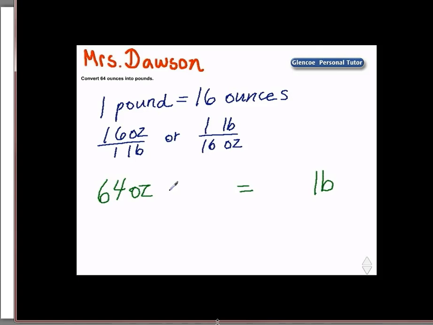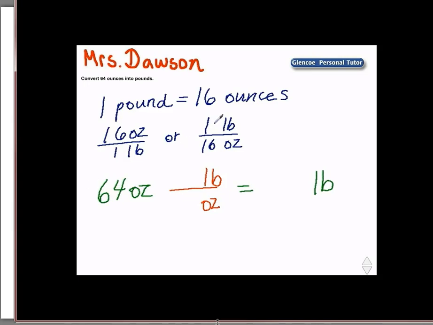We need a fraction that will have ounces in the denominator and pounds in the numerator, because then we'll be able to divide out the common units.